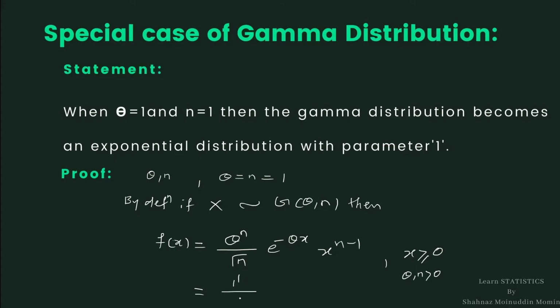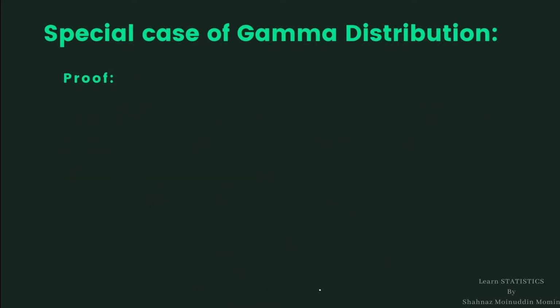So it is 1 raised to 1, gamma 1, e raised to minus 1 into x, x raised to 1 minus 1, which is equal to f(x) equal to 1 by gamma 1, e raised to minus x, and x raised to 0, x greater than or equal to 0.